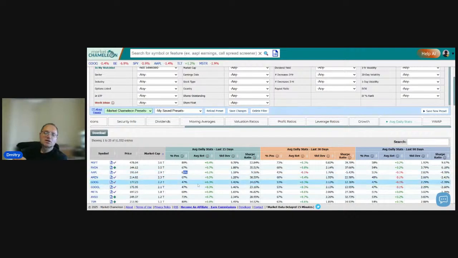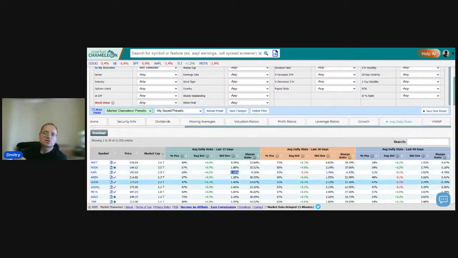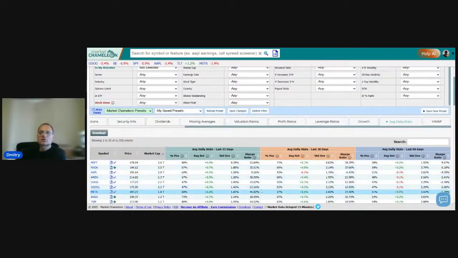And then on a relative basis, we could see the average returns, but we could also compare them to the standard deviation of those returns. How much variability and risk do we have from day to day? And then we could use that ratio to compare the average return for each unit of risk that we're taking on.